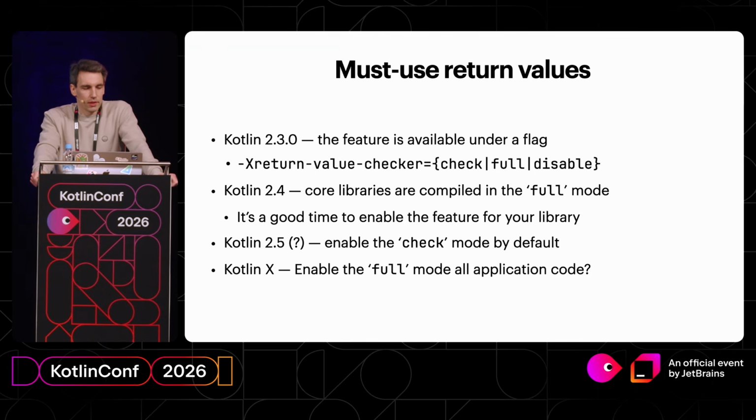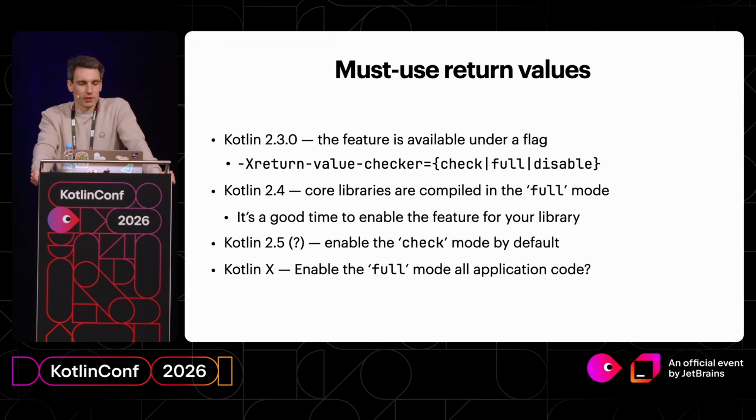And in 2.4, the core libraries, like the kotlinx libraries and the standard library, are compiled in this full mode, which means that every function that returns something, if you call it, you have to check its result, with some exceptions where you can mark your function as ignorable result.